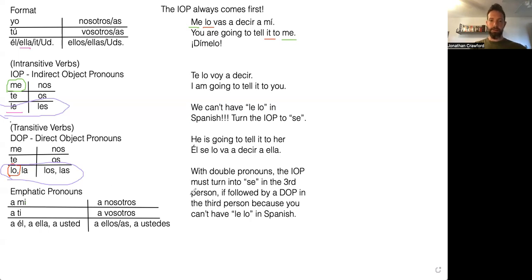It's just easier to sum it up by saying you can't have le lo, but technically you can't have le la either, right? You can't have any of them. The indirect object pronoun in the third person, whether it's singular or plural, doesn't matter. It has to turn into se. That's what's going on here.